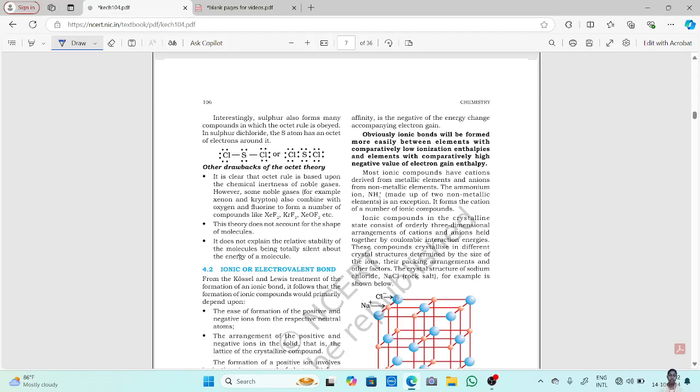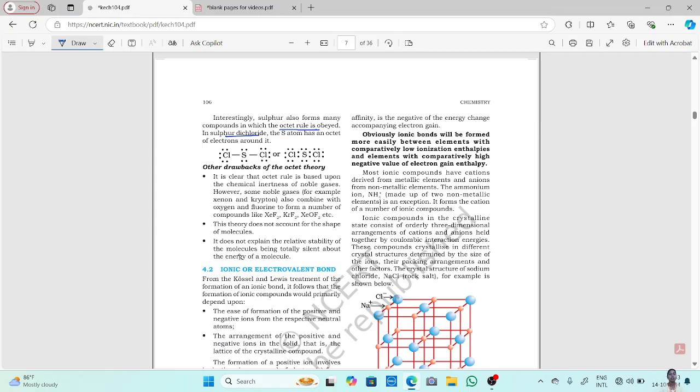In sulfur dichloride, the sulfur atom has an octet of electrons around it. So even though sulfur can go beyond the octet, it forms some compounds which follow the octet rule, for example sulfur dichloride.